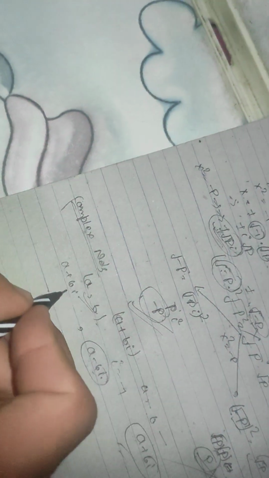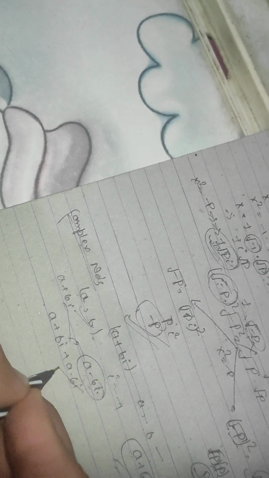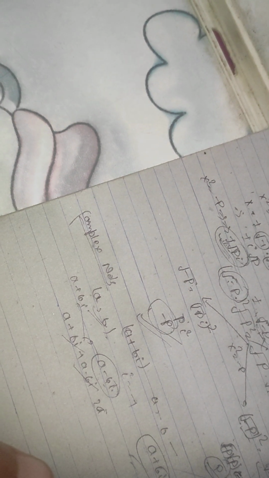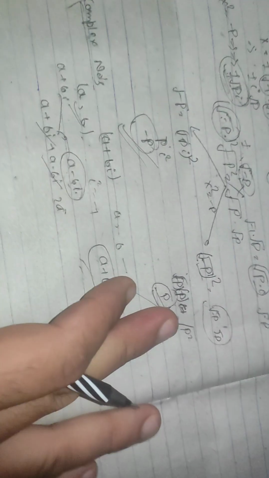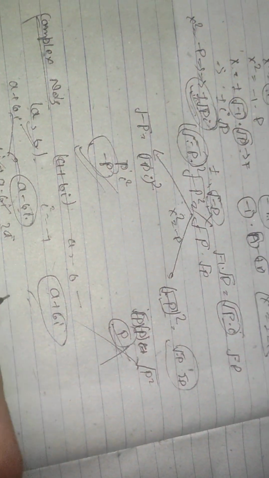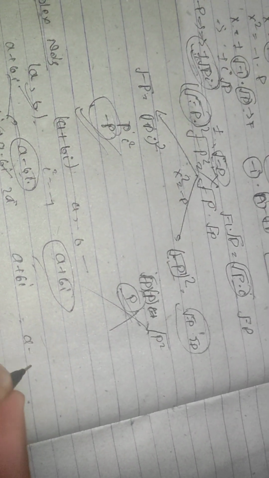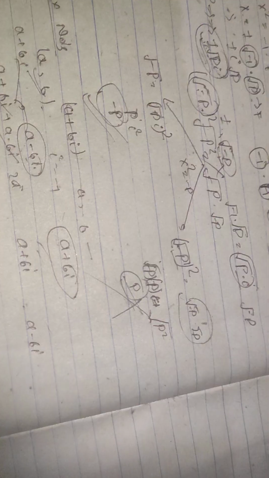Conjugate means when we add them, the imaginary part vanishes. So a plus bi is this, and the conjugate of this is a minus bi.